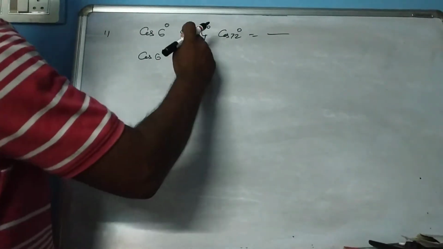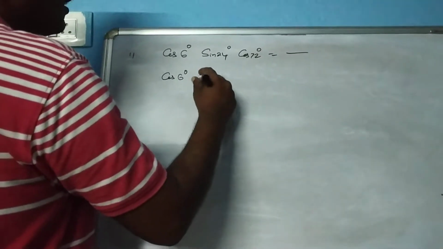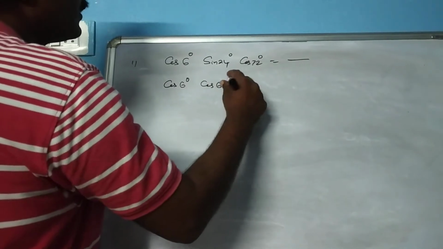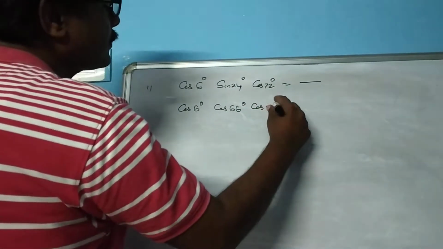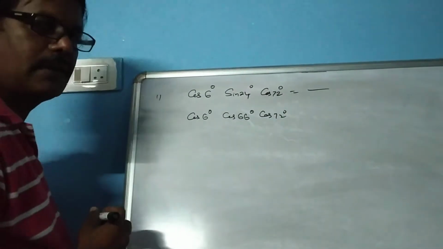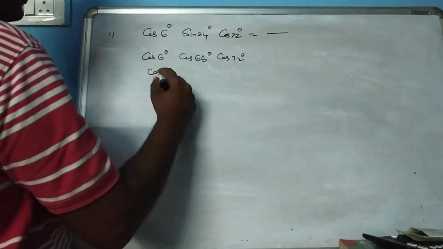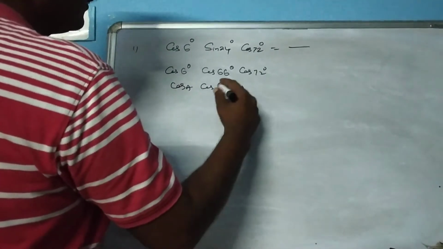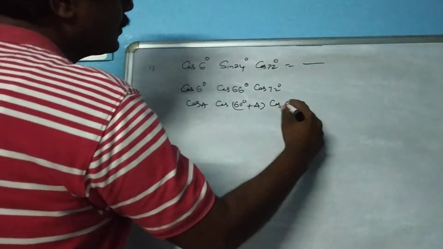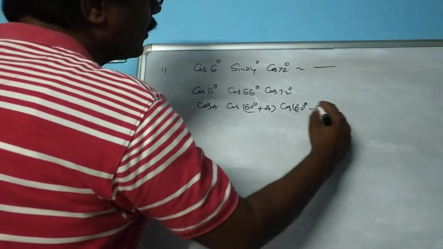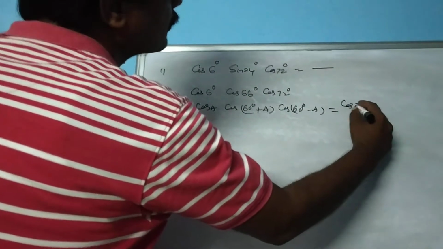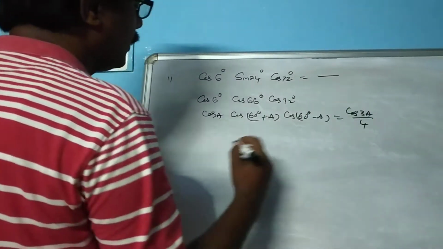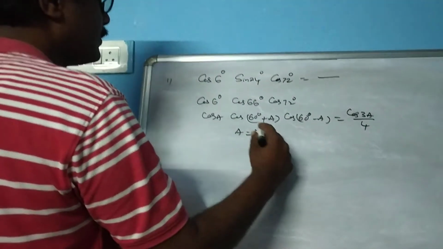This is cos 66 degrees, cos 72 degrees. Now we have cos A, cos(60 plus A) into cos(60 minus A) is equal to cos 3A by 4. Put A is equal to 6 degrees.